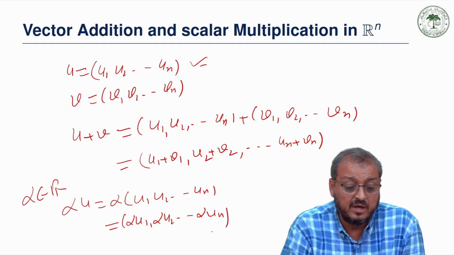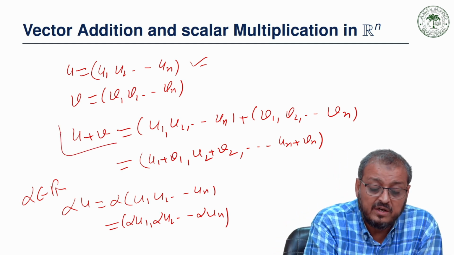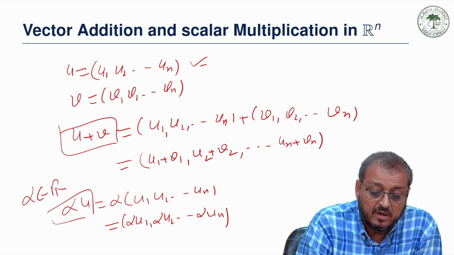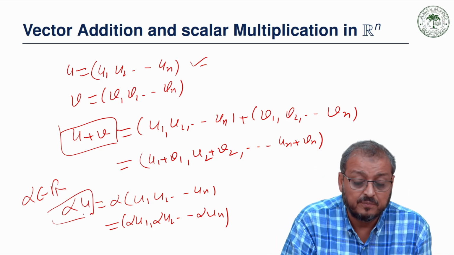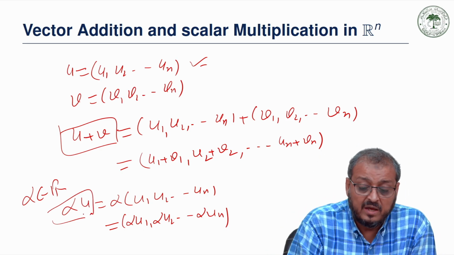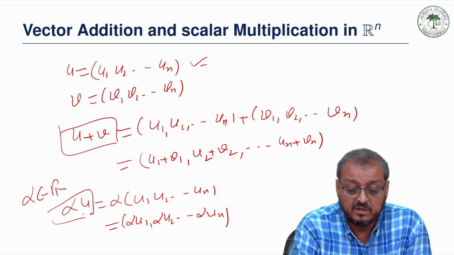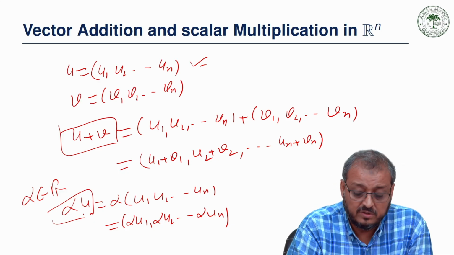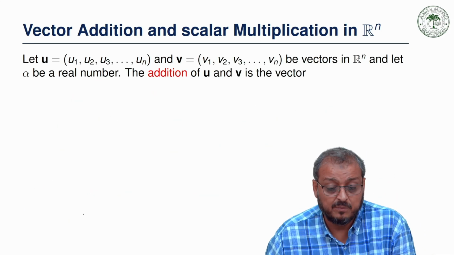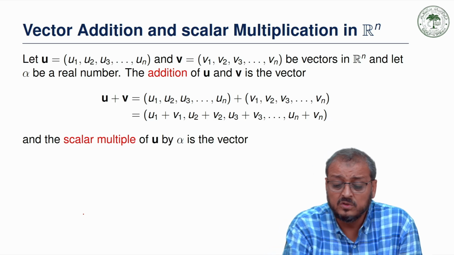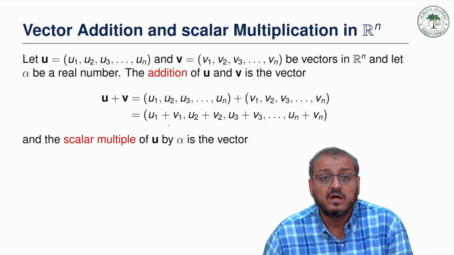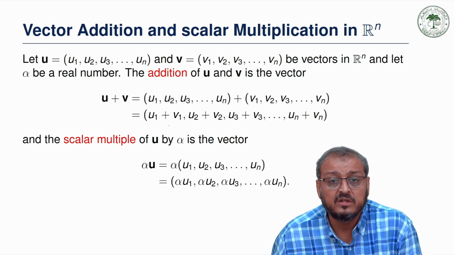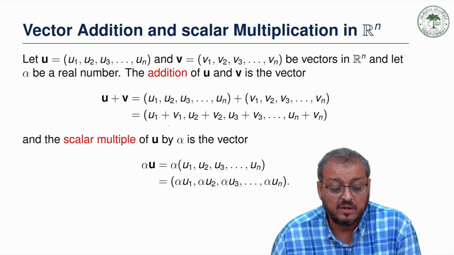This is called vector addition, and this is called vector scalar multiplication. So we can add any two vectors in the Rn space, and this way we can define the scalar multiplication of these vectors in Rn.